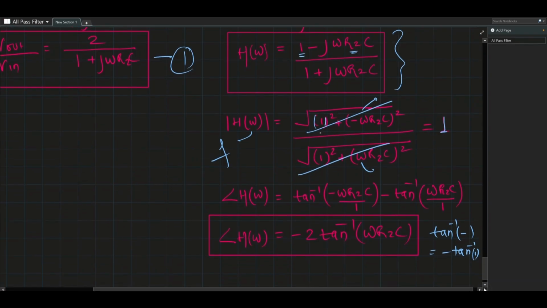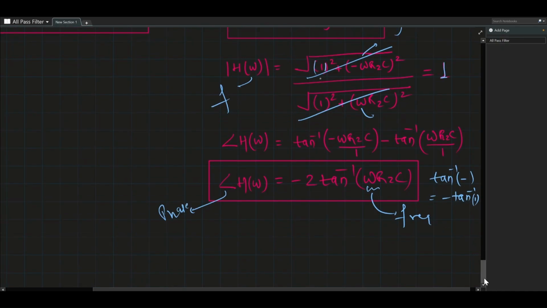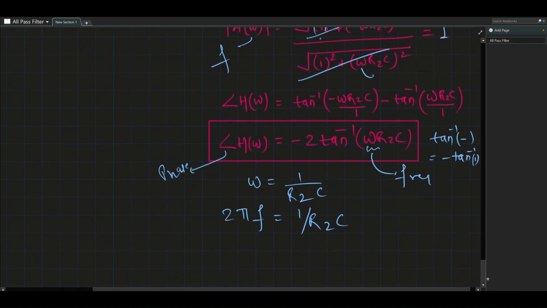So here you can see clearly that the phase is dependent on frequency. And how is it dependent? Let's see what happens when ω is equal to 1 by R2C, which means 2πf is equal to 1 by R2C, which means frequency is equal to 1 by 2πR2C.